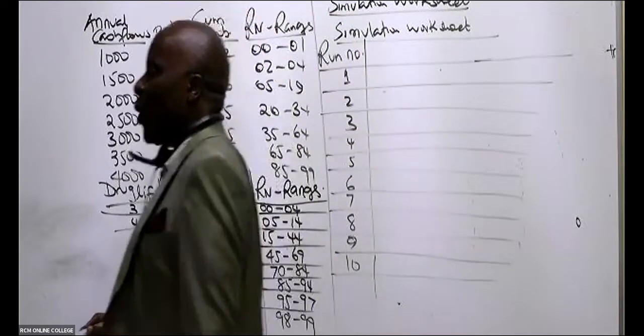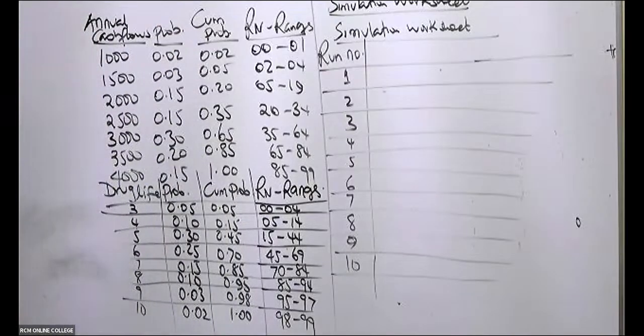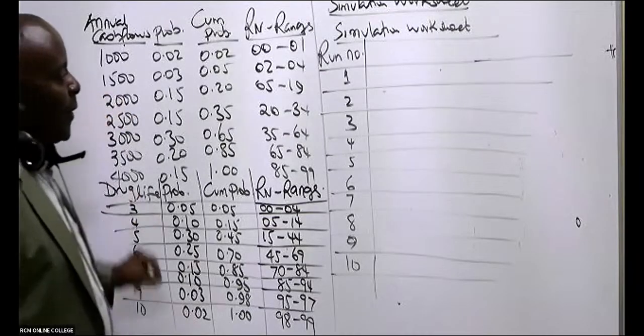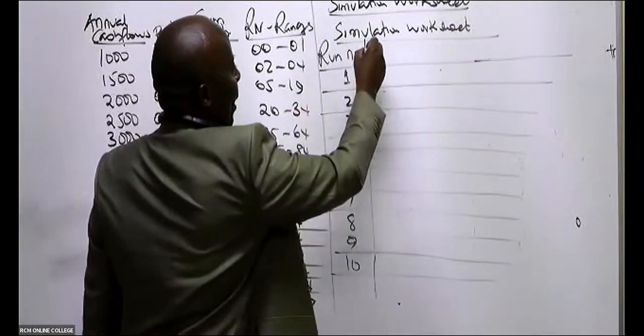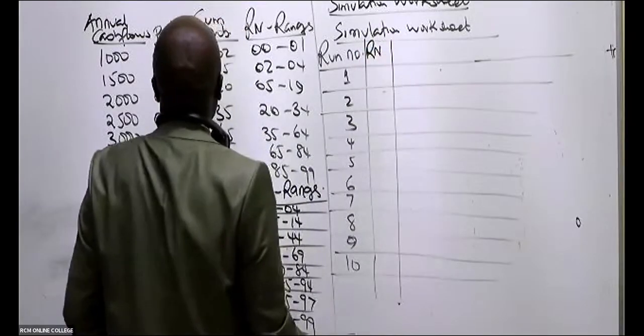So remember, for each run, you must predict our variables. We have 2 variables. For each variable to be predicted, you use what we call a random number. You pick a random number to be able to predict cash flow.